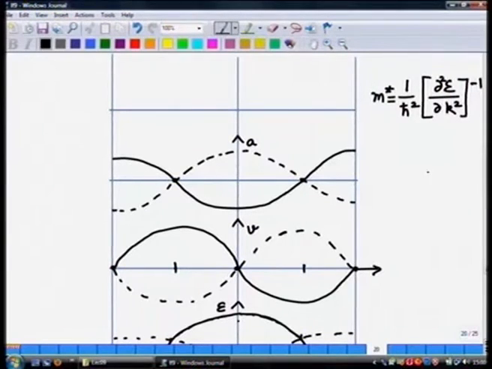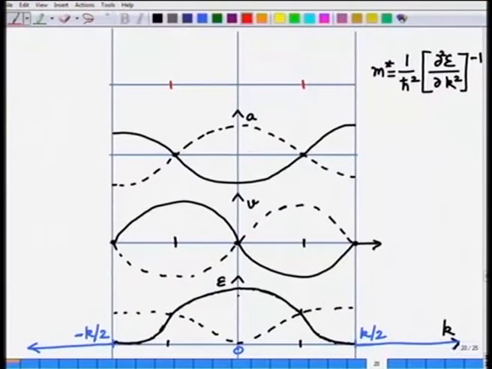So let's plot effective mass of the electron, and let's do that right here. How does that behave? Let's put it right here. In this case also, right here are my 2 points. What happens? Where does the slope go to 0?